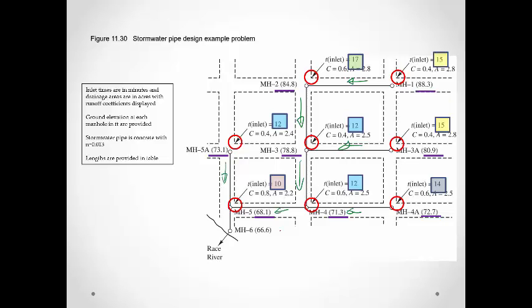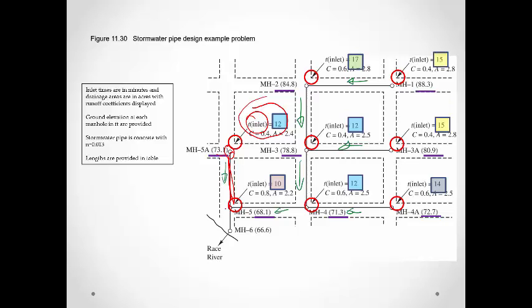What is important is that here you have this first structure, and then you have an inlet here. So this pipe conveys the flow from this sub-watershed, but also whatever comes from another direction here.